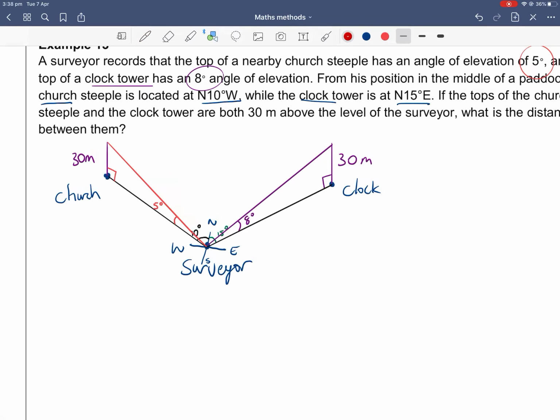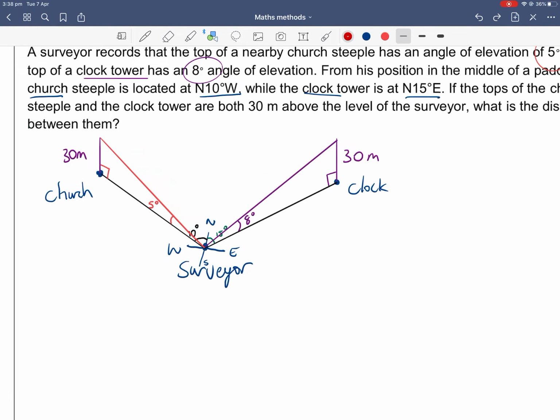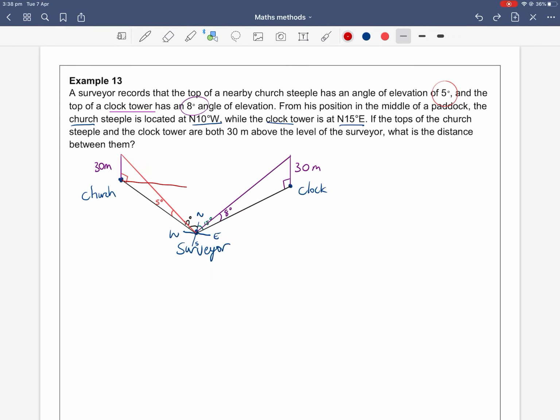So what we're trying to find is the physical horizontal distance between the church and the clock. So if I use a straight line tool and draw a line connecting the church to the clock, come on iPad. Why won't this work?